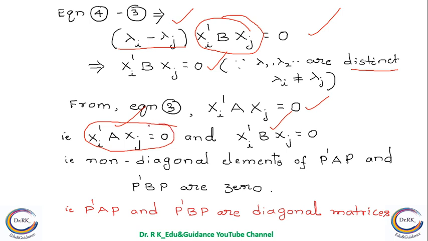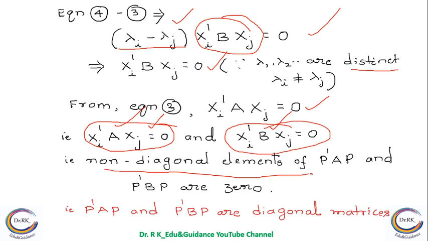These are the non-diagonal elements of the first quadratic form, and these are the non-diagonal elements of the second form. Both are zeros. That means the non-diagonal elements of P transpose AP and P transpose BP are zeros. Then obviously the conclusion is that P transpose AP and P transpose BP are diagonal matrices.